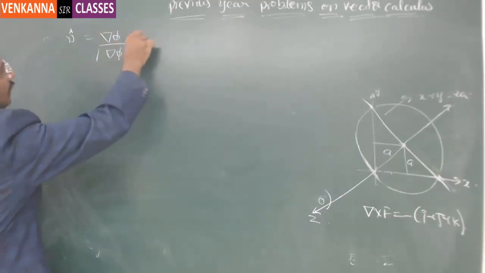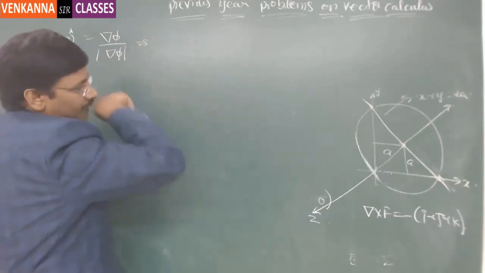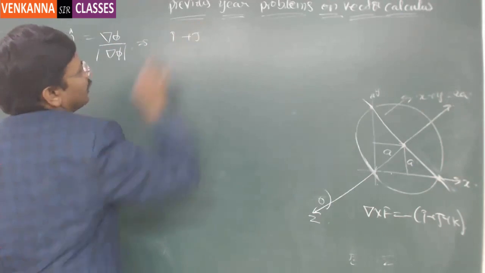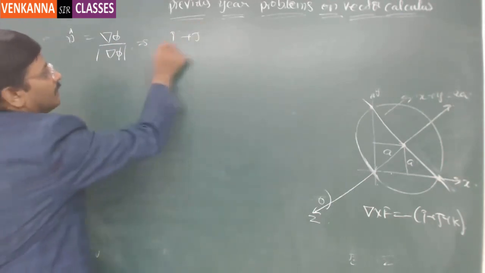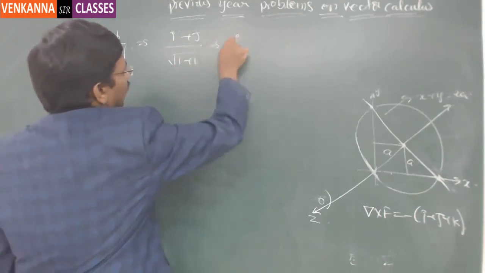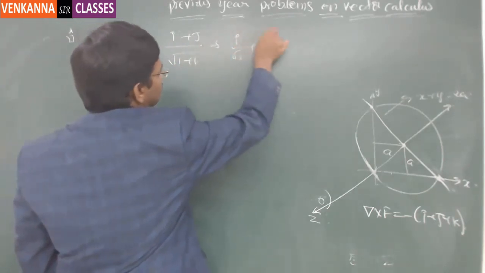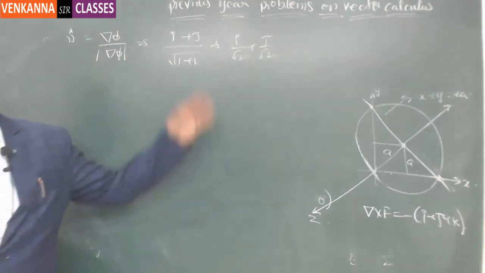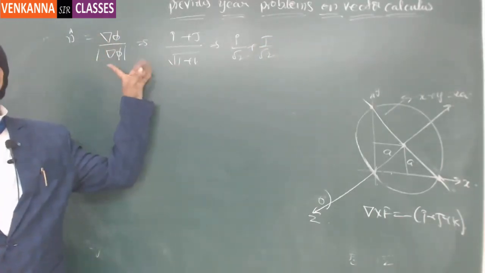So this is del phi operated on x plus y: i dou by dou x plus j dou by dou y, divided by square root of 1 plus 1. So this is i by root 2 plus j by root 2, the unit normal vector. I hope you understood. So find out del phi divided by mod del phi.